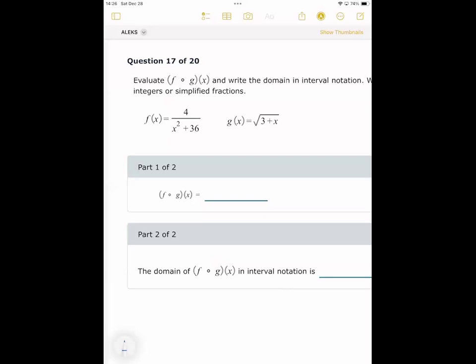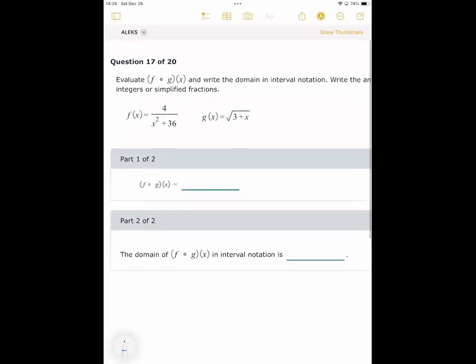The next problem says, evaluate fog of x. The same thing. It means go to function f, change its x's to g. So I have to go to function f, and put G for X. So go to function f, change its X to G. But what is G?